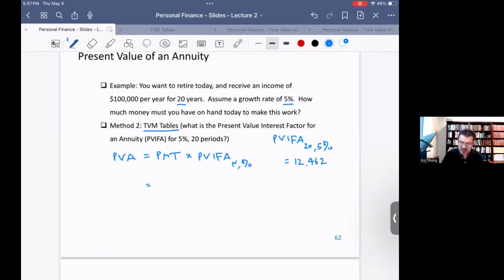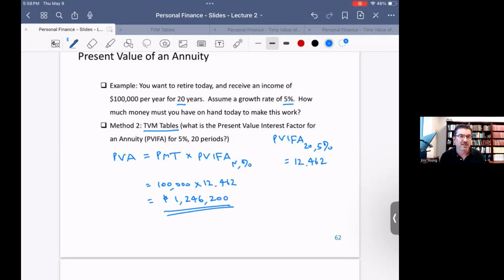So in this case, our payment is going to be 100,000 times 12.462. And what this tells you, my friends, is on the day that you retire, you need $1,246,200 in your nest egg.